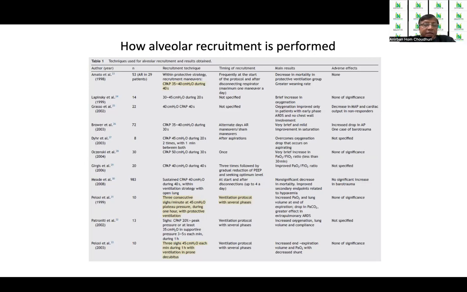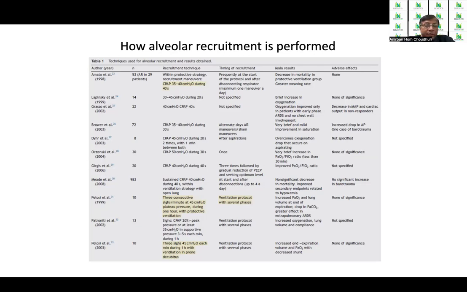There have been other methods too. Pelosi studied 3 consecutive sighs per minute at 45 centimeters of water plateau pressure during 1 hour with protective ventilation, and found increased PaO2 and end-expiratory lung volume, and a drop in PCO2, with a greater effect in extrapulmonary ARDS.